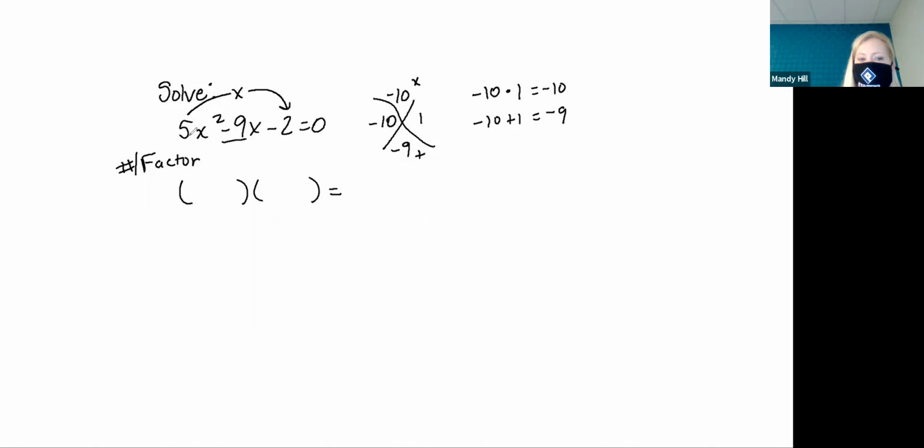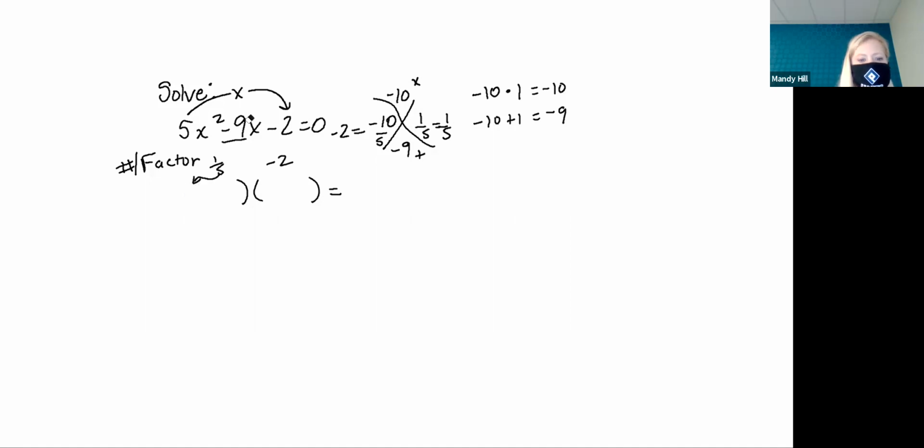Then you're going to divide by the number in front, your leading coefficient, to finish this, and you're going to reduce those fractions. Negative 10 divided by 5 is negative 2, and 1/5 is already reduced. So those are the 2 things we need to deal with. It doesn't matter what order you write them in, but 1/5 and negative 2.